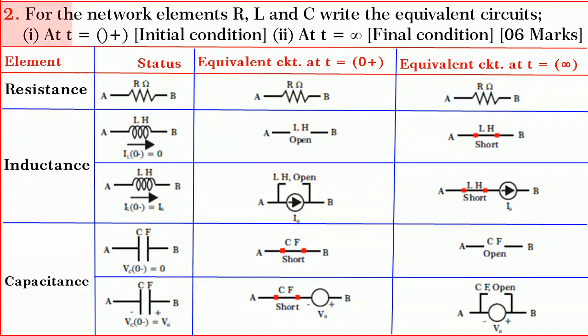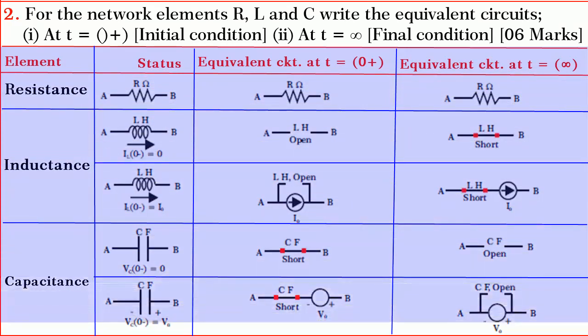Friends, next we shall answer question 2. In this question, we are required to just write the equivalent circuits for R, L and C circuit elements: 1, at t equal to 0+, and 2, at t equal to infinity. The equivalent circuits for R, L and C at t equal to 0+ and at t equal to infinity are represented in the table shown.